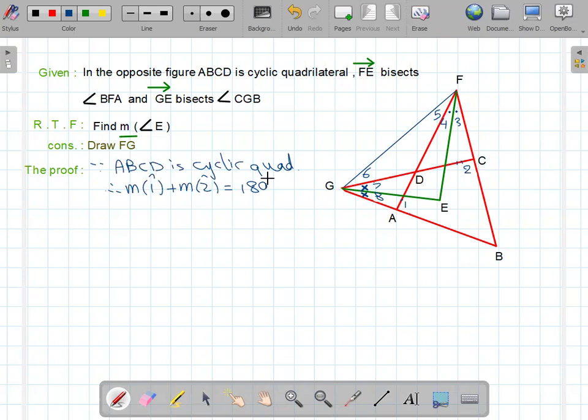Now we will go to the triangle FAG. Measure of 1, the angle 1 is external of the triangle FAG.